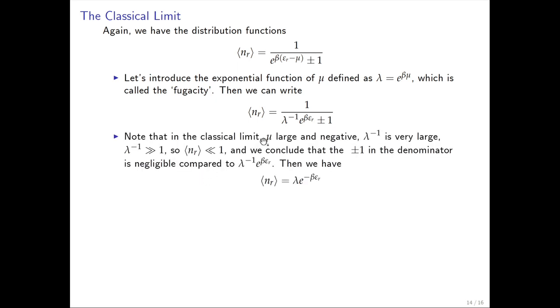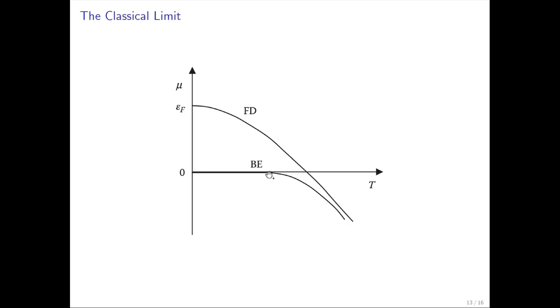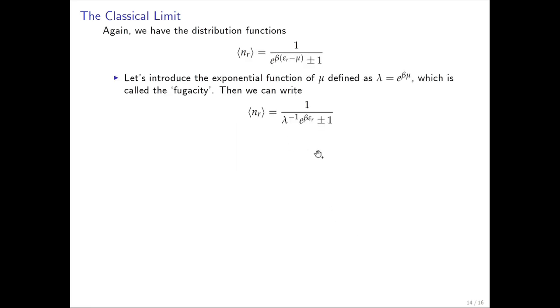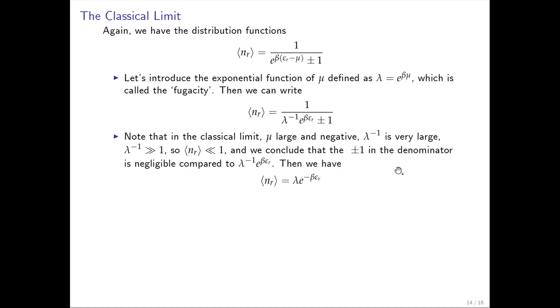So in the classical limit, the chemical potential for both situations becomes large and negative, of large magnitude. And that means the fugacity becomes very, very small, and so its inverse is very, very large, much, much greater than 1. And so this denominator becomes much, much greater than 1, and this term is much bigger than 1.